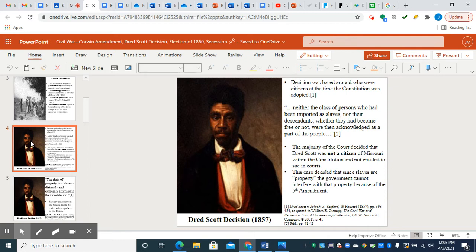Dred Scott is in a free state where slavery is illegal. So the question is, should he legally be returned to the family of his slaveholder, since he was legally regarded as property, or do those laws not apply since he is in a free state where slavery is illegal?